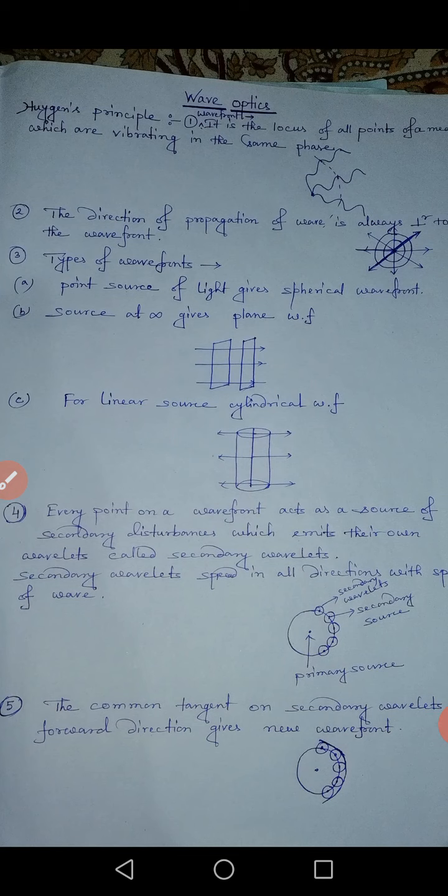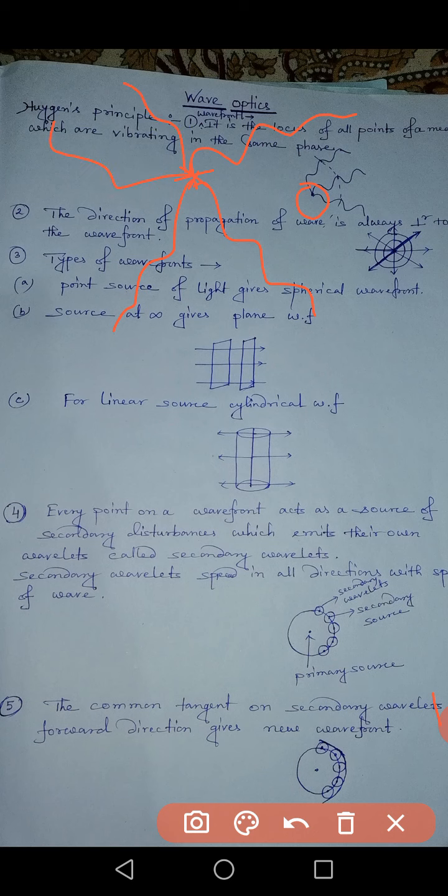Suppose here we have a single source of light, this one, and if light is a wave, we know that from this single point source wave will come out in every possible direction, right? Suppose if this is a point source, so from this point source light will come out in the form of waves like this in every possible direction.